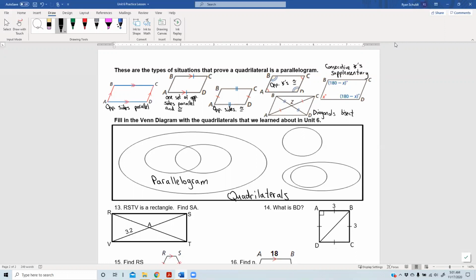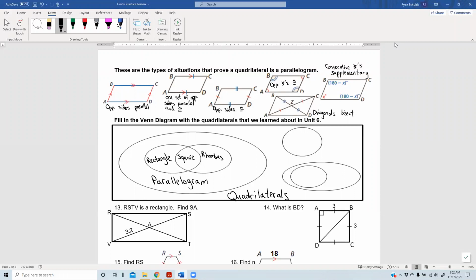And within those, we had a rectangle, we had a rhombus, but then a square was here in the middle. It's a rectangle, it's a rhombus, it's a parallelogram, it's a square. It's a bird, it's a plane, no, it's Superman.